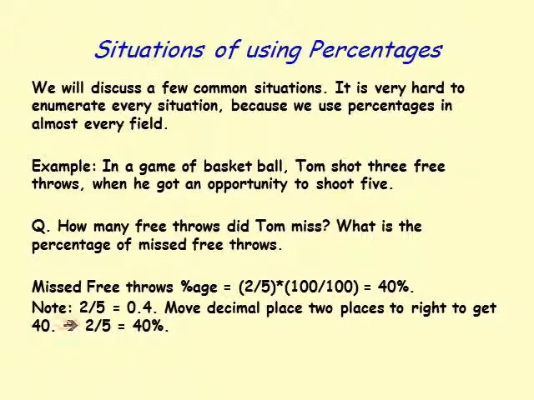Also, 2 divided by 5 is 0.4, and when we move the decimal place 2 places to the right, we get 40, and that means 2 divided by 5 is 40%. So he missed 2 shots out of 5, so he missed 40% of the shots. Let us continue here.